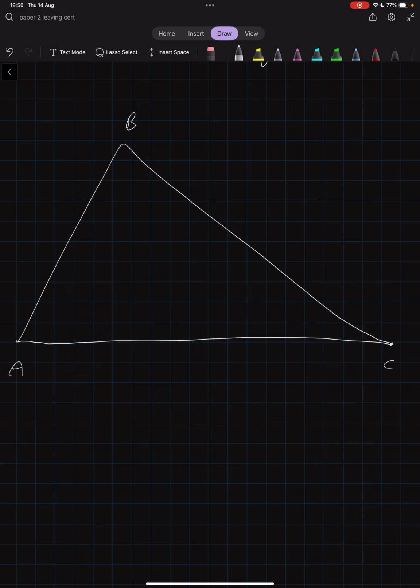So the altitude is basically, if you're doing what's the area of a triangle, and you say, oh, half the base times perpendicular height, it's just the perpendicular height, basically. So for this one, it's this. So just perpendicular height.